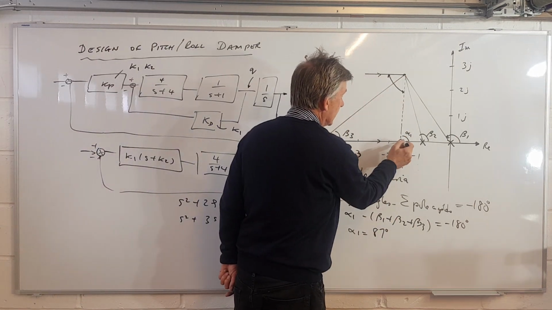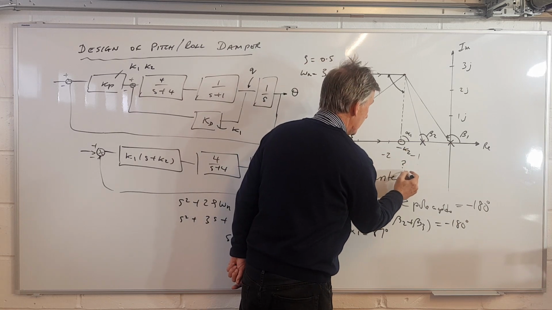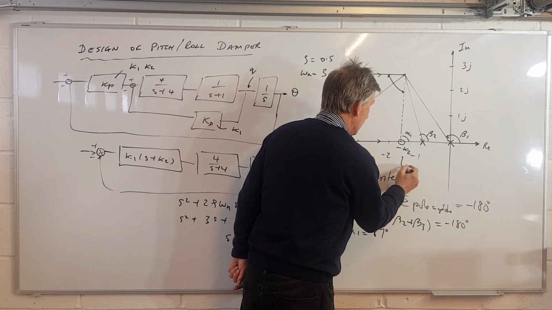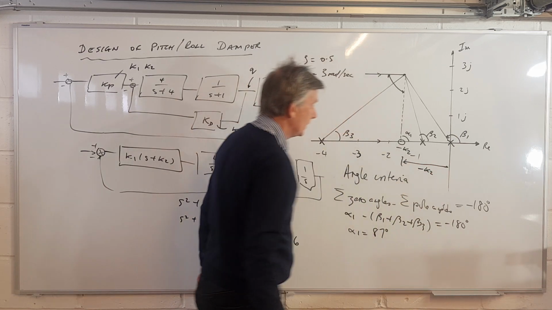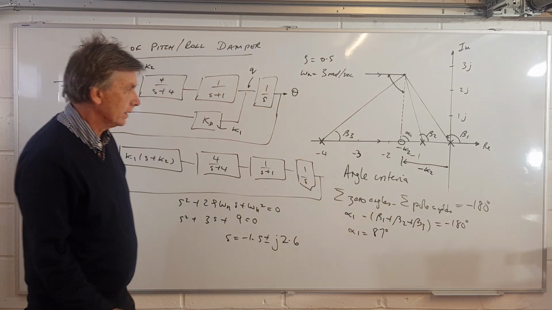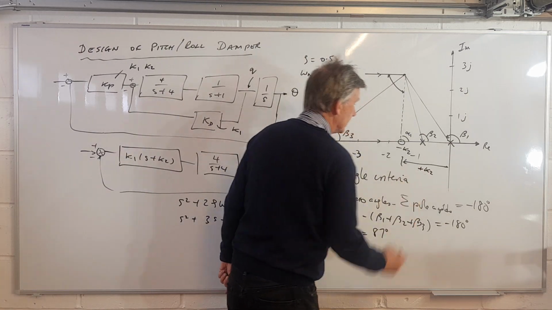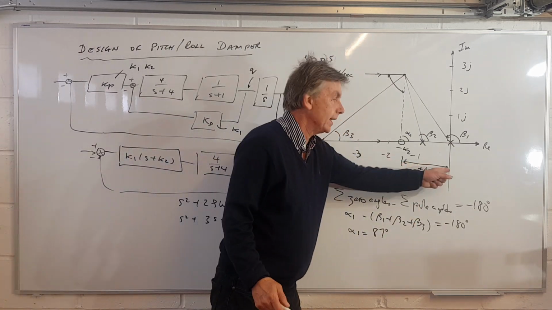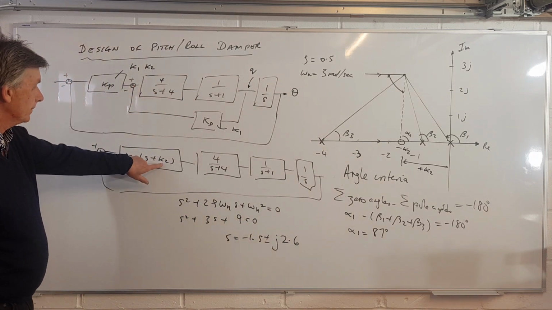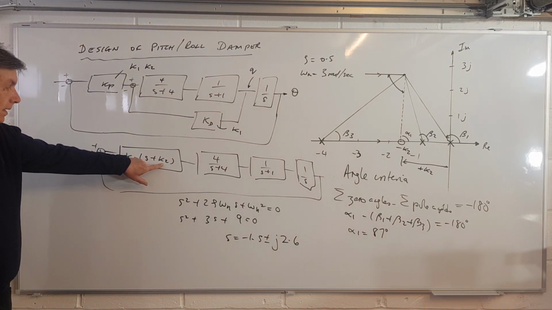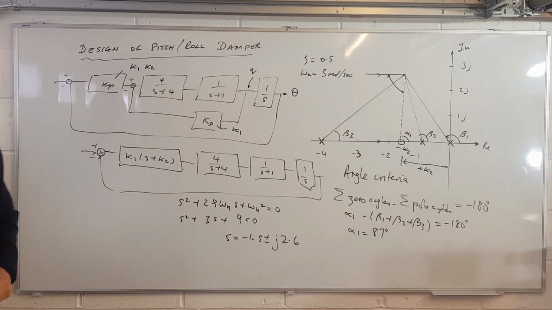Where it cuts then here, this distance from here to there is minus K2. Or for our purposes we consider it to be plus K2 if we measure that direction. So that then gives us the part of the solution now to K2. So that's the first stage.